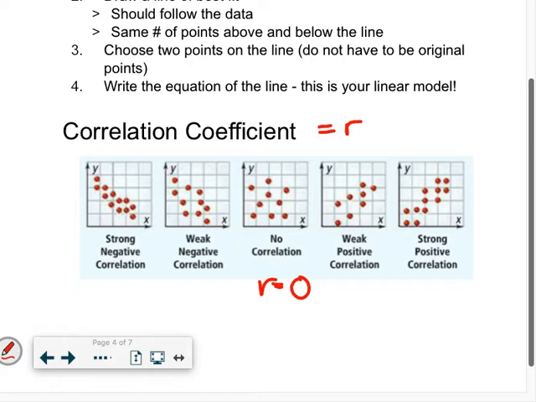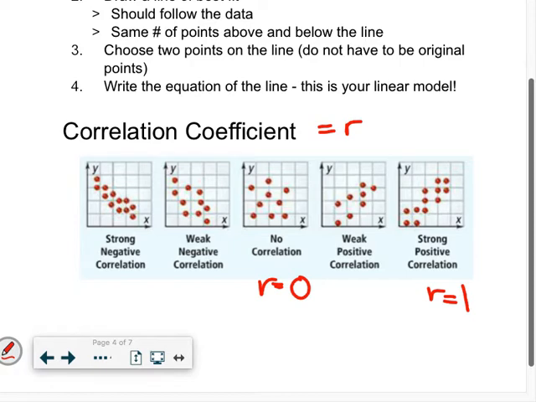So as my correlation gets stronger, it's closer to a line. If you had an R value equal to 1, all your points lie on the line. If you have an R value of 0.95, all of your points lie really, really close to the line.